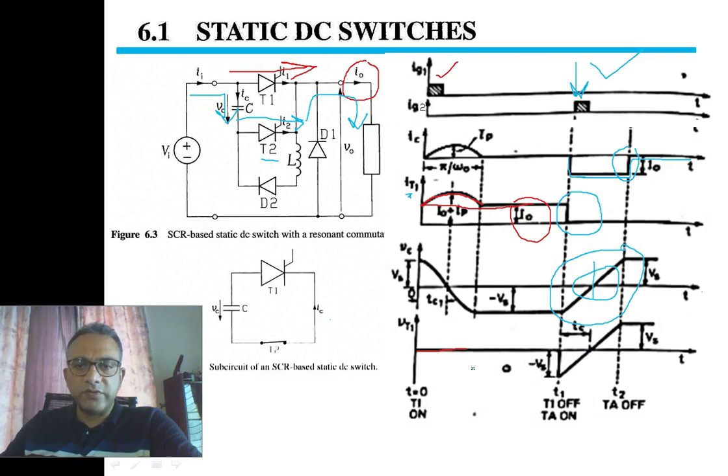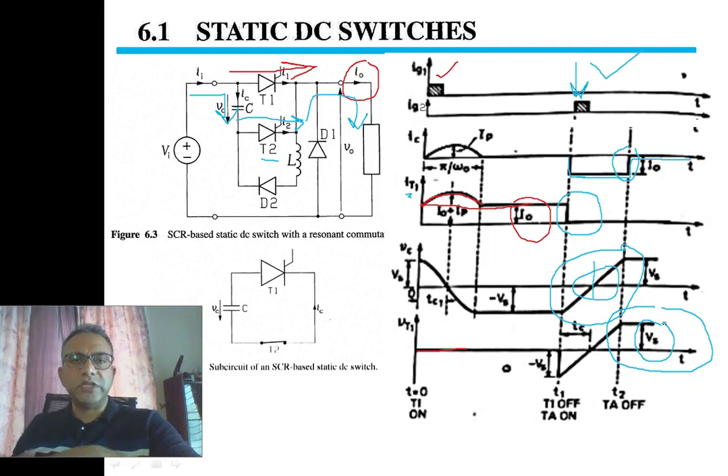And in the last waveform, the voltage across thyristor T1 will experience a reversal, and when the main current stops, the voltage across T1 will be equal to the source voltage Vs.